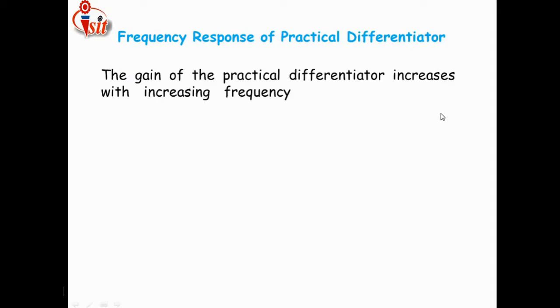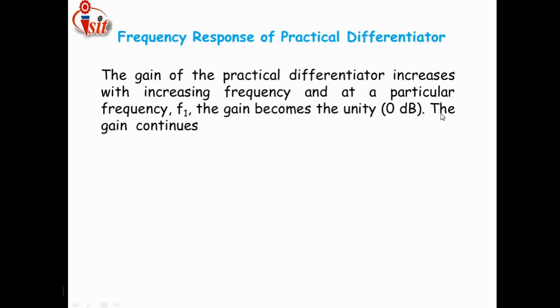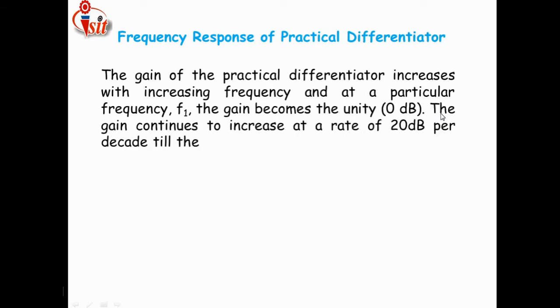Then the frequency response of the practical differentiator. What about that practical differentiator? The gain of the practical differentiator increases with increasing frequency up to a particular frequency, which is denoted by the letter F1. The gain becomes unity, that is 0 dB per decade, till the input frequency reaches a frequency F2.